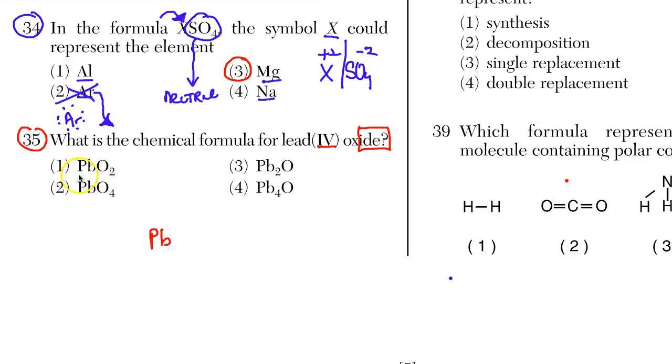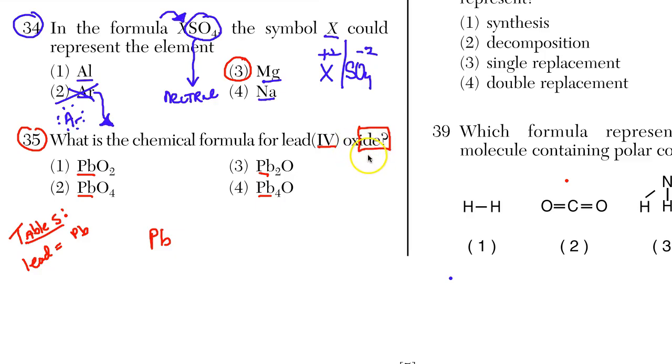Now, all of your choices have Pb. If you didn't know where to go for the symbol of lead, again, the most underutilized table is Table S. Table S will tell you that lead has the symbol Pb. So if you weren't sure about what the elements are, Table S tells you that. Not a problem here because every choice has lead.